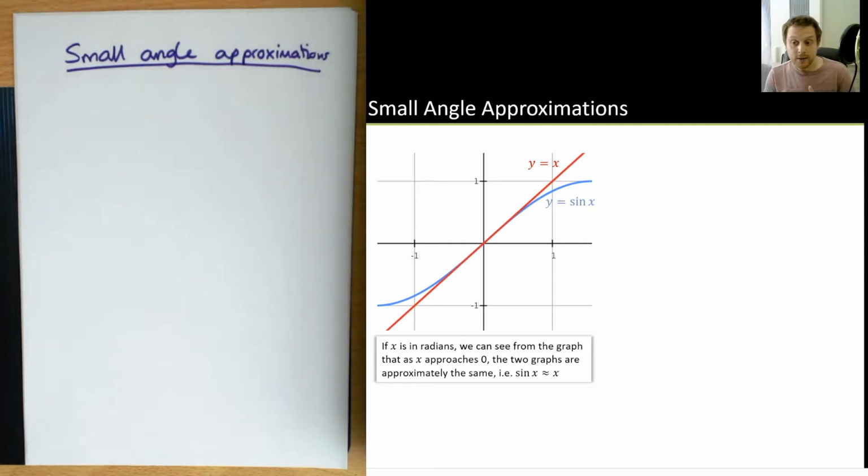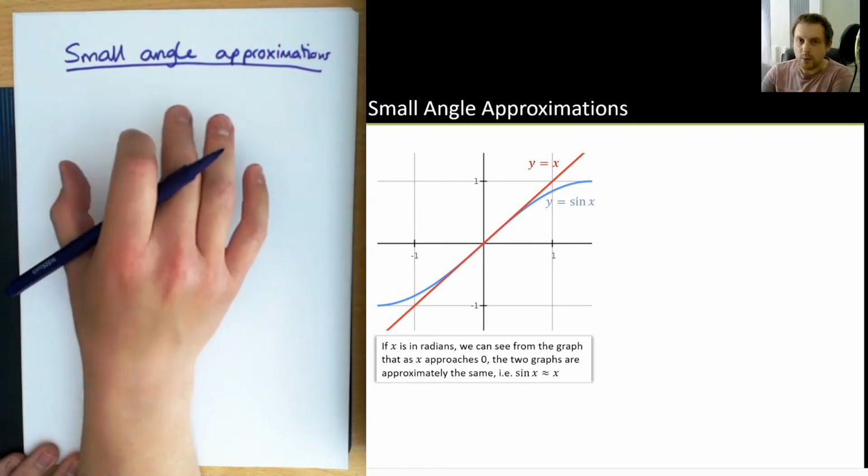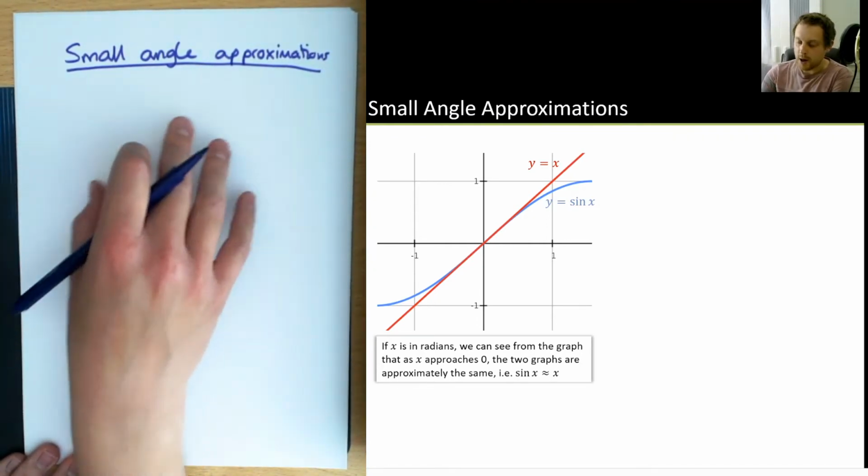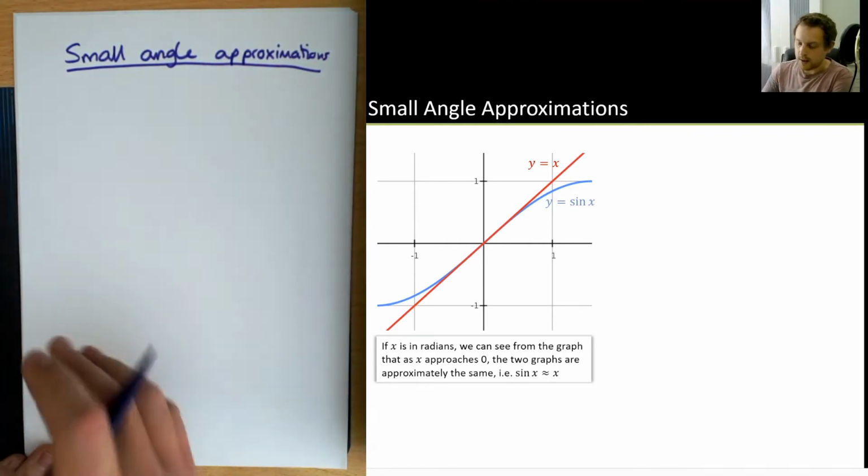If your friend comes along and says, I want to be this close to the actual true answer, you can work out an angle that will work, that's small enough so that it will work. Okay, so that's what small means in this context. So I will say all of that again, and I'll put a few examples in to illustrate that.